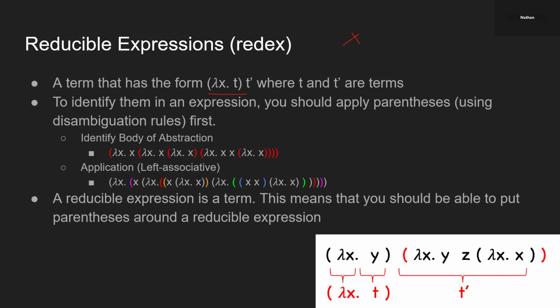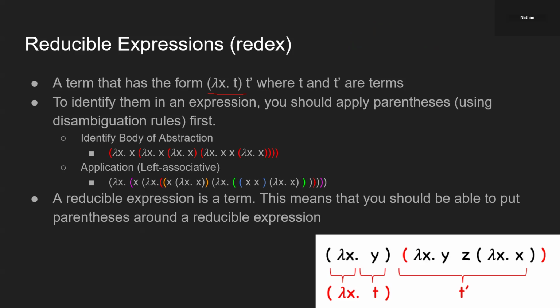Let me get rid of that. Yeah. So to identify these redexes, you should definitely apply the disambiguation rules, body of abstraction right here, and left associativity, which I take from the previous slides. And a reducible expression is a term.